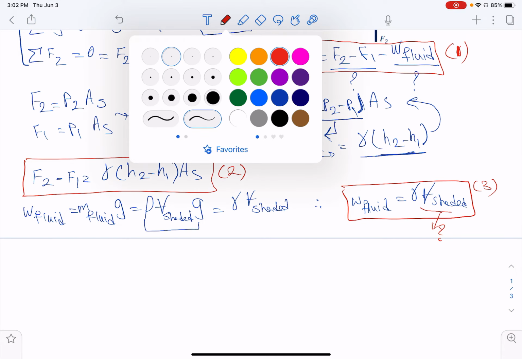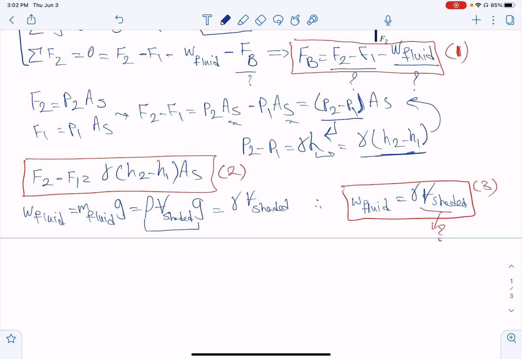And now in equation 3, we need to know what is the volume of the shade. So for calculating the volume of the shade, we need to know the total volume and the volume of the object. We already know that the volume of the object is the volume that is given in the question.